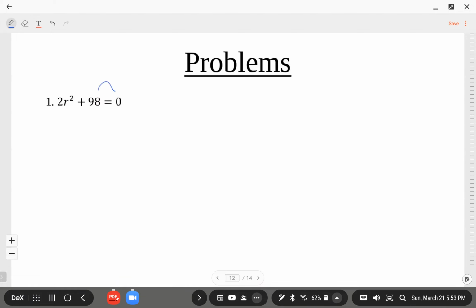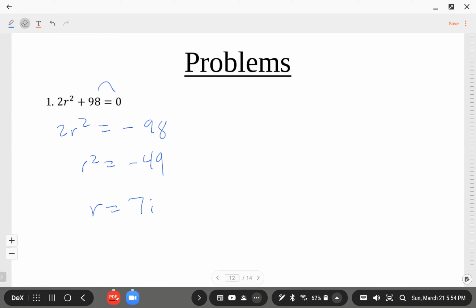Move negative 98 to here. Divide by 2. R equals 7i. Yes, it equals 7i because i is the square root of negative 1.